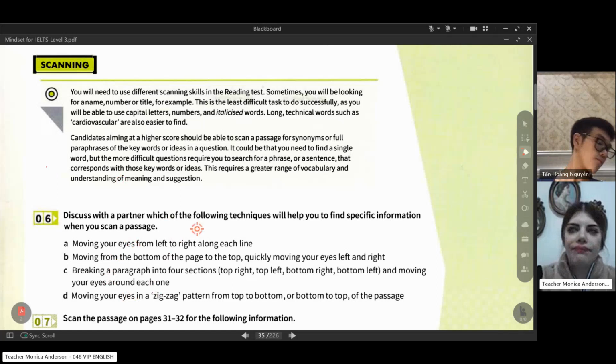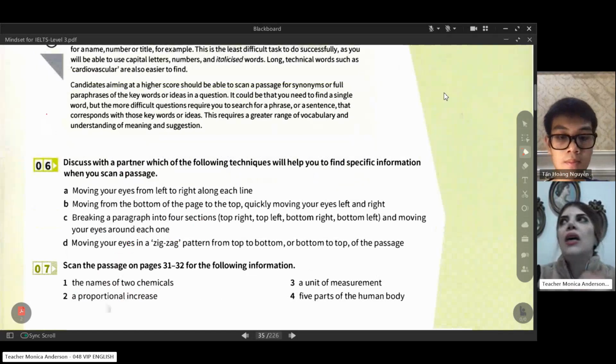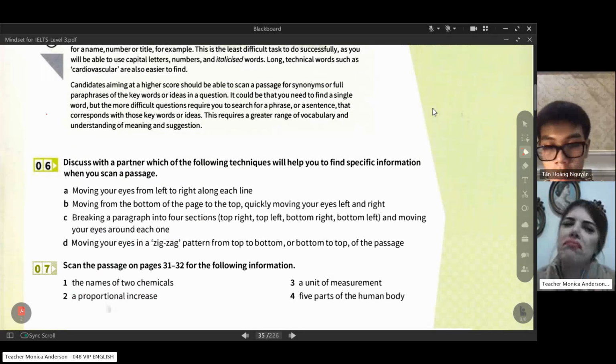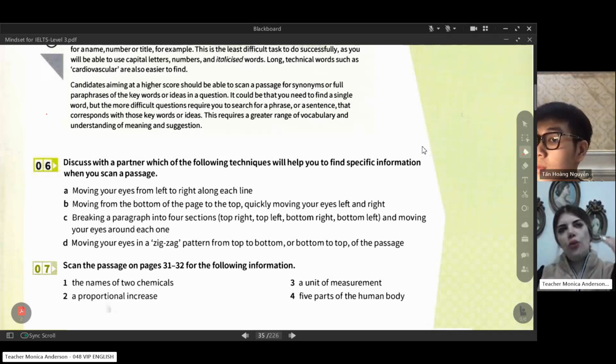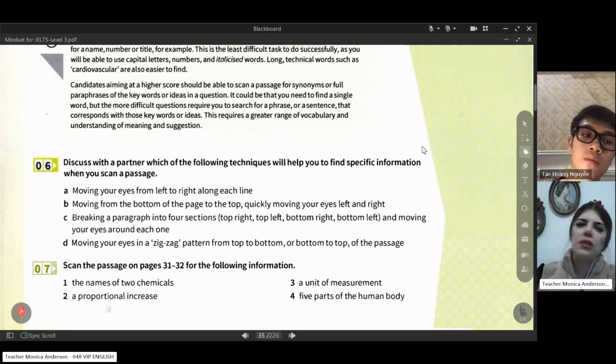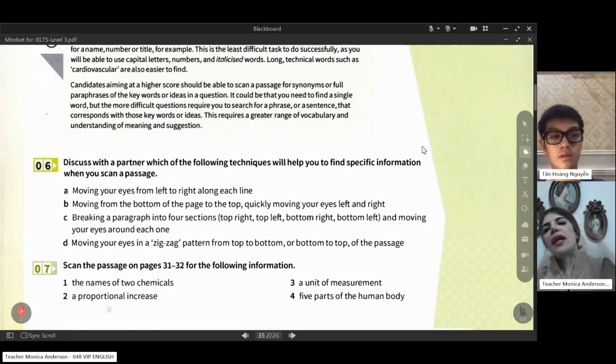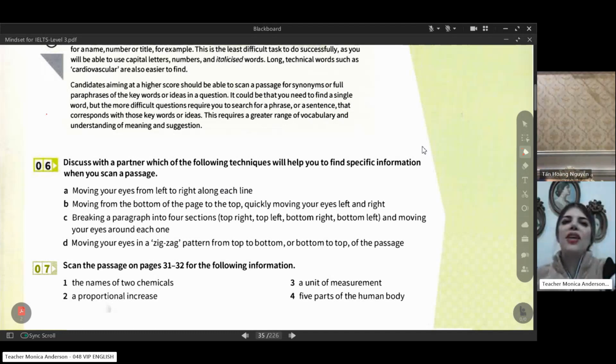For example, we have a method to scan or skim the text, and that is okay. You read questions, underline keywords, then check the text and try to match the keywords. This is the first method. The second one: first read the text and then go to the questions and check keywords.